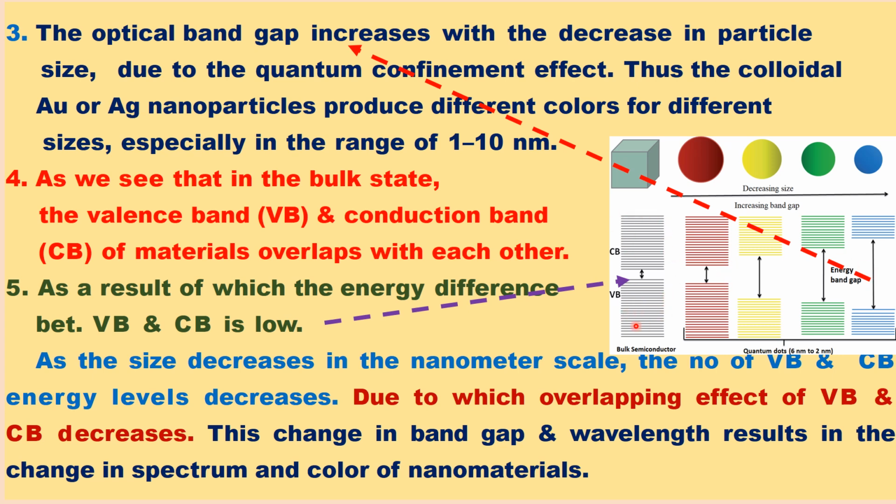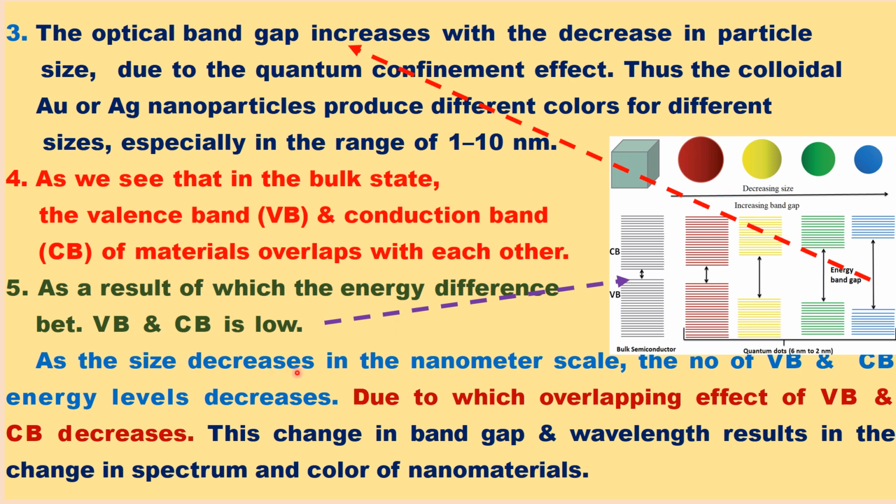In bulk, there are more atoms, therefore more energy levels, and the bands are overlapping, and the energy gap is very small in the case of bulk. Whereas nanoparticles have fewer atoms, so there are fewer valence band and conduction band levels. Therefore, the band gap increases as size decreases.